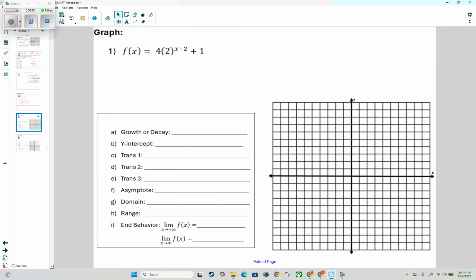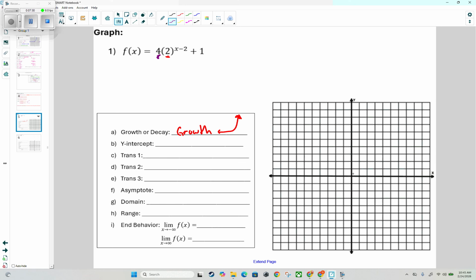All right, so first off, we're going to kind of fill in the box. The box kind of helps us on how we're going to graph. So this determines our growth or decay. I'm looking at this. This number is bigger than 1, so we have a growth function. So I know my general shape should kind of look like that. Should be going up to the right. All right. I'm going to turn around. This y-intercept, it's going to start at 4. Now, it's not going to stay at 4, but it's going to start at 4.